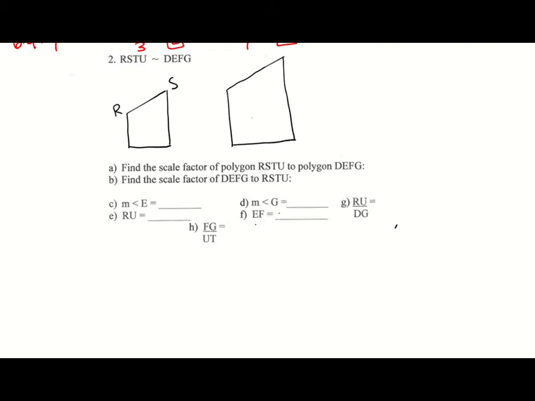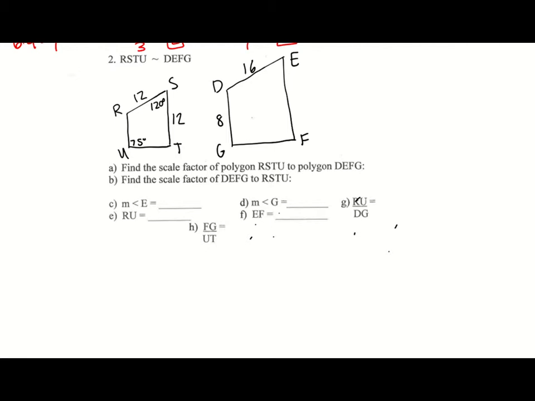Put some information on here, RSTU, DEFG. We've got 75 in the corner, 120 for S, 12 and 12, 8, 16, and that's it.